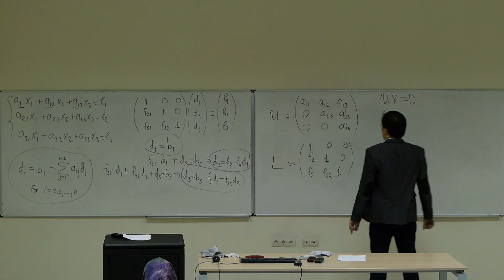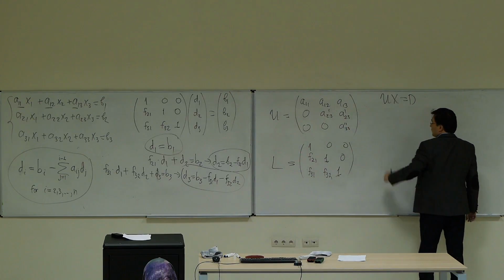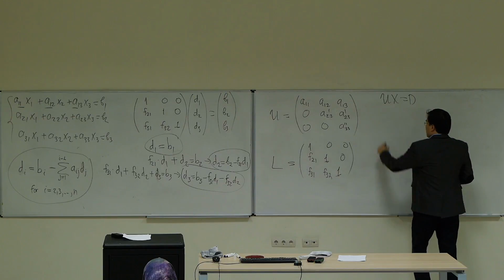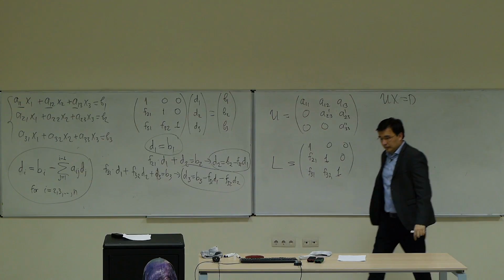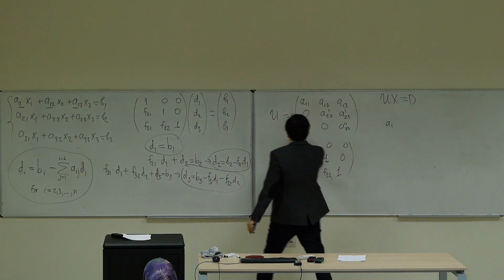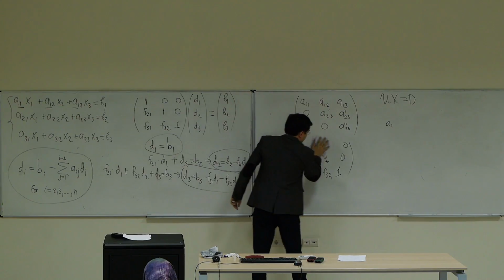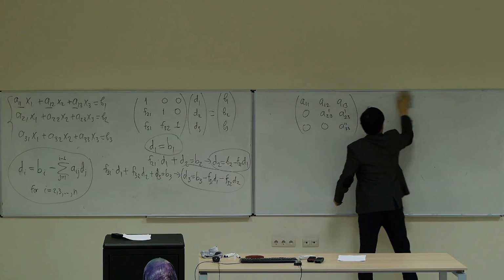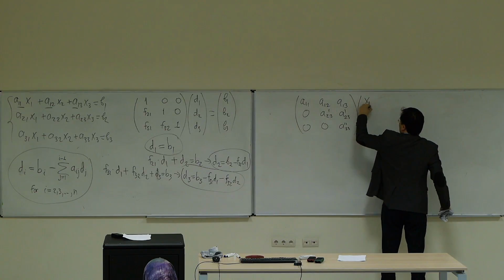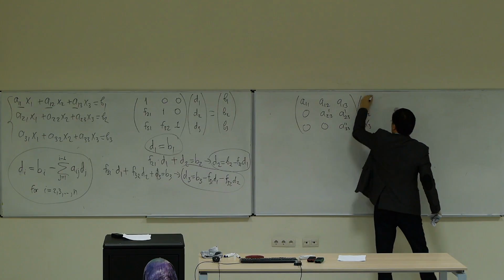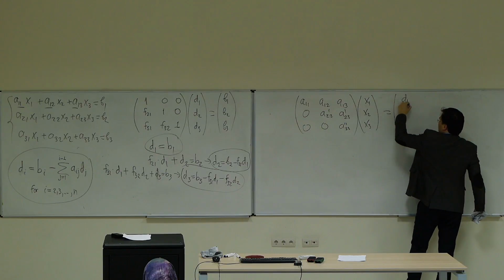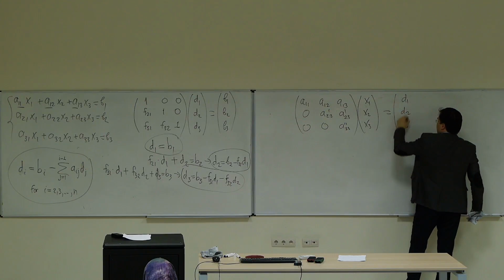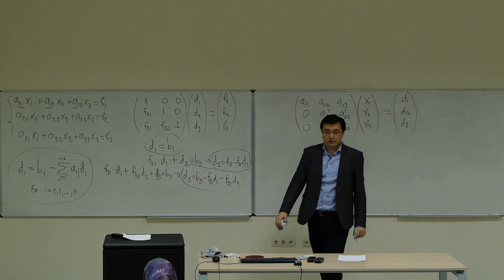Let's write it explicitly, using what I wrote already. So this becomes x1, x2, x3 is equal to d1, d2, d3. This equation I have to solve.